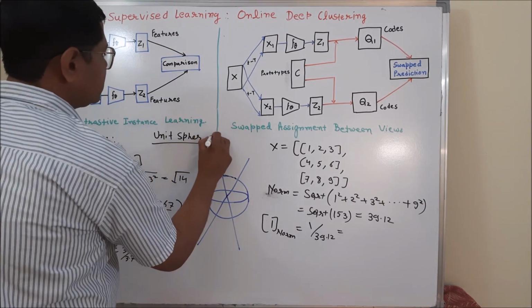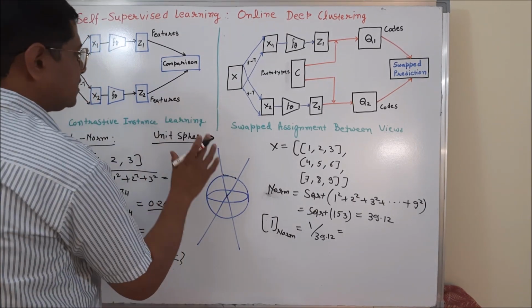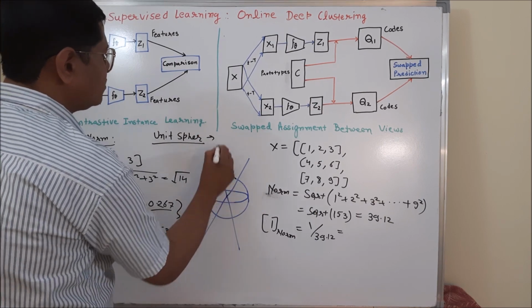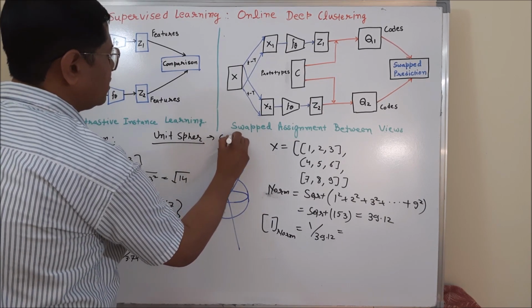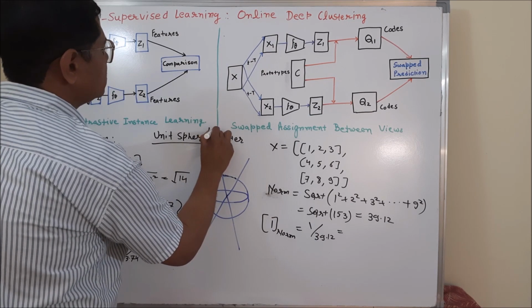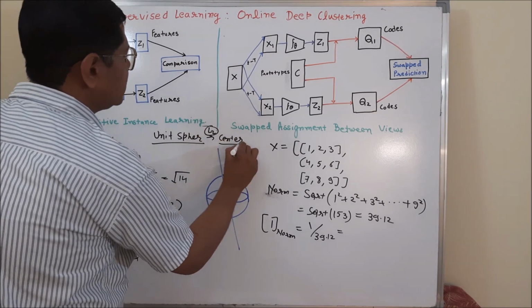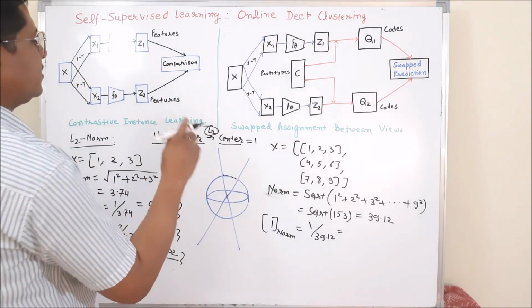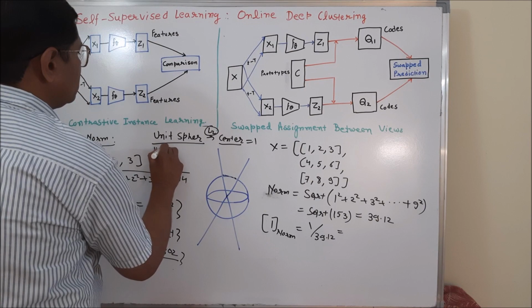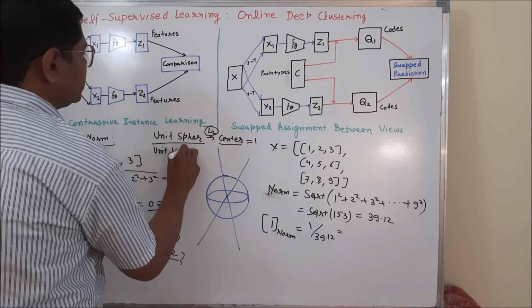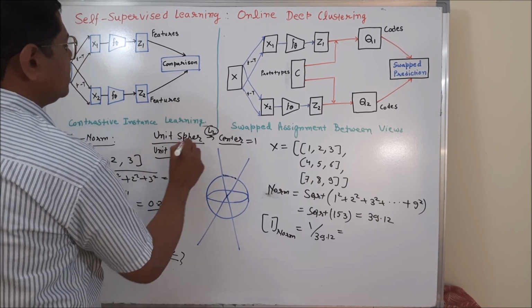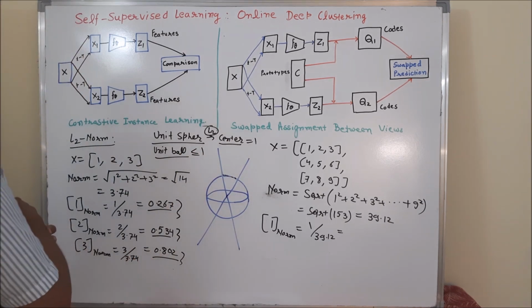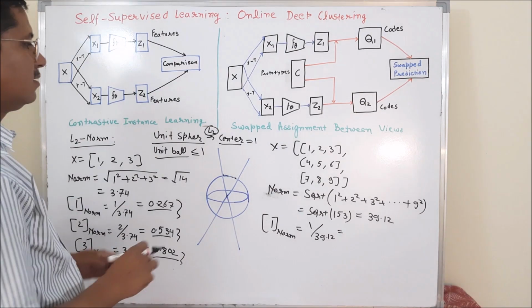The unit sphere is the sphere which contains the set of points where the L2 or Euclidean distance from the origin or center is always equal to 1. You may ask how it is different from a unit ball. In a unit ball, the L2 distance from the center may be less than or equal to 1. So this is the difference.